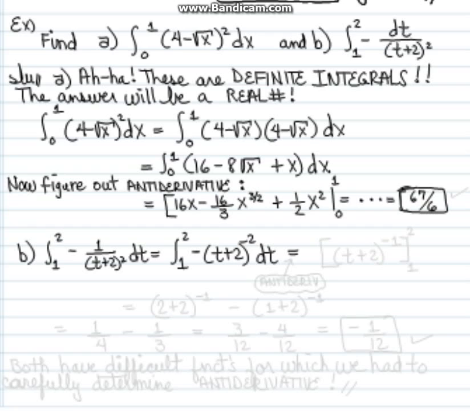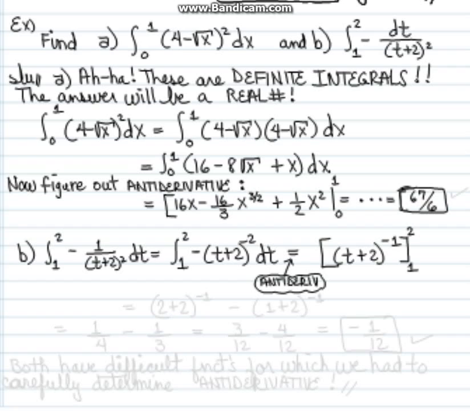And that will give us the antiderivative. Introduce 1 to the exponent, and that'll be -2. I'm doing this in my head. -2 plus 1 makes -1. And then multiply by the reciprocal of -1, that is -1.